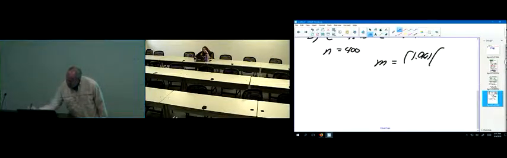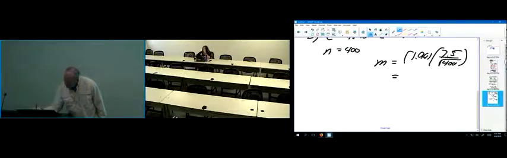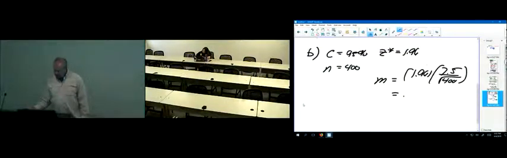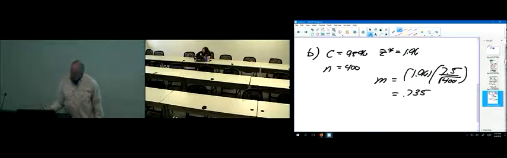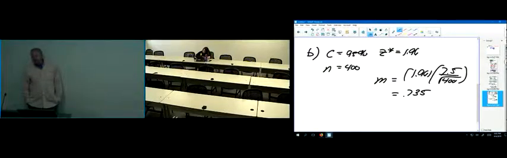1.96 times 7.5 all over the square root of 400. Your margin of error is going to be point... Last time you were struggling, you didn't have a calculator.